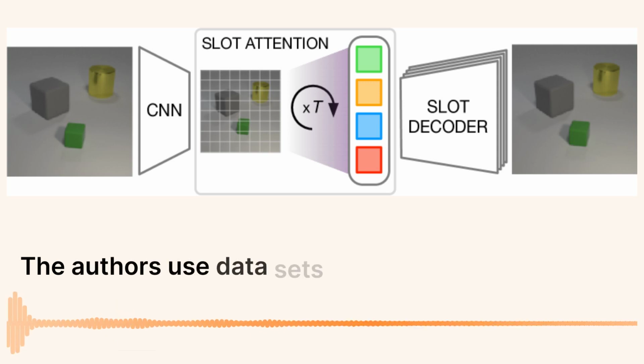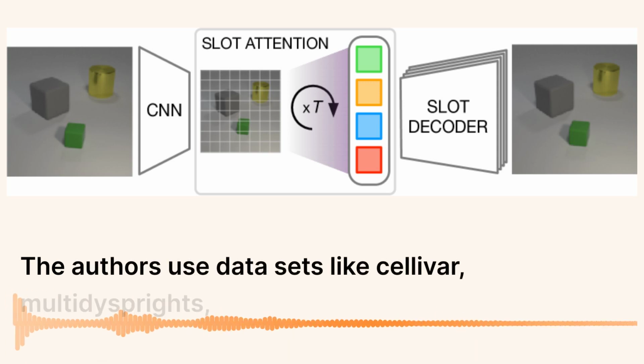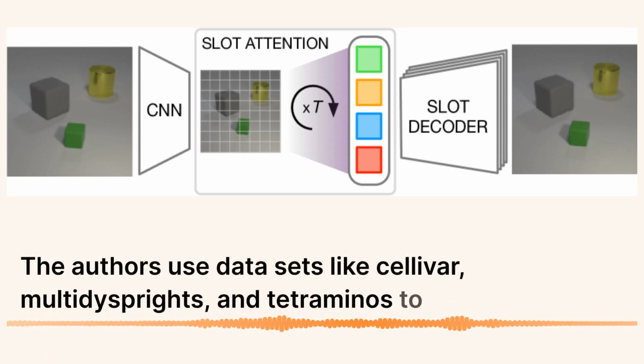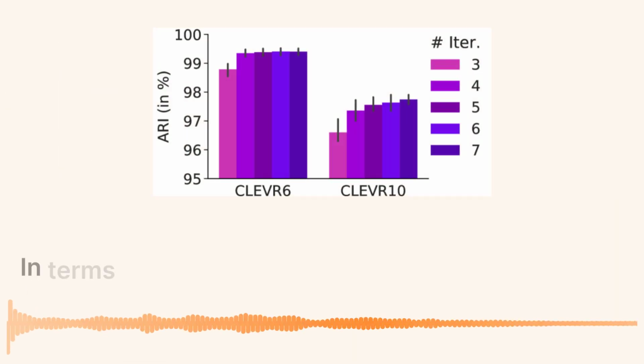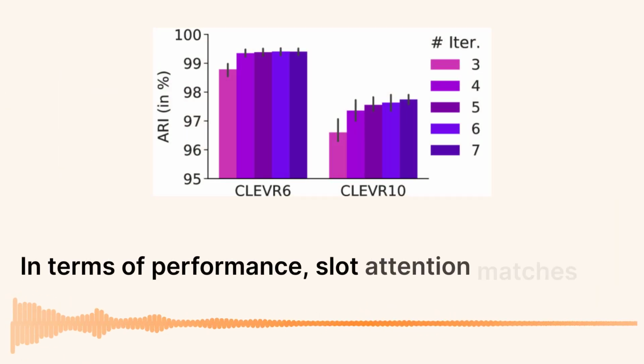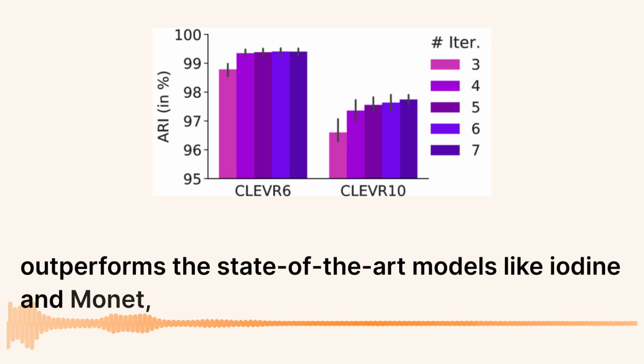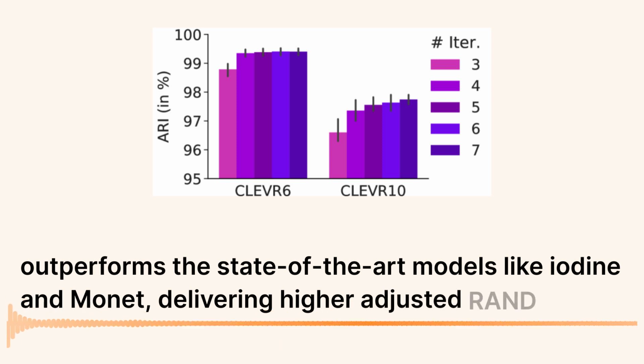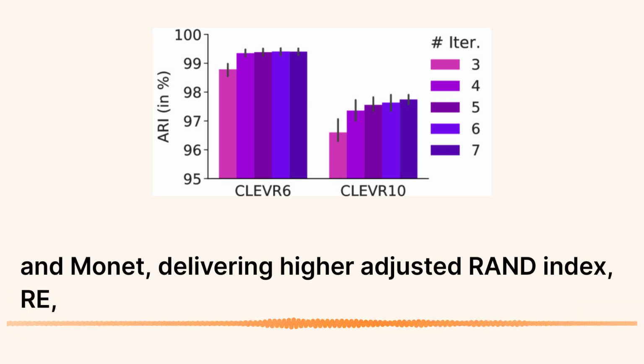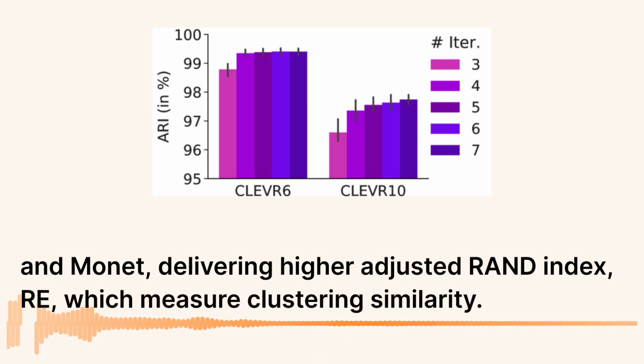The authors use datasets like CLEVR, Multi-dSprites, and Tetrominoes to validate their approach. In terms of performance, slot attention matches or outperforms state-of-the-art models like IODINE and MONet, delivering higher Adjusted Rand Index (ARI) scores, which measure clustering similarity.